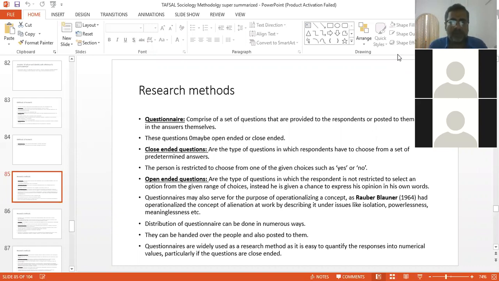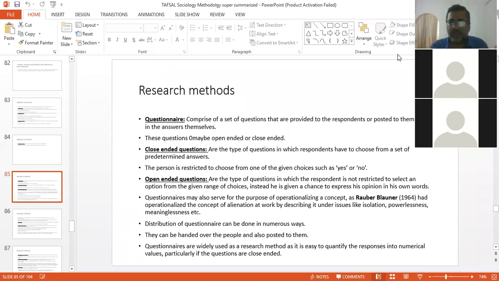Closed-ended questions are those in which a set of predetermined answers are provided, and the respondent has to choose from those preset answers. In open-ended questionnaires, the respondent's choice is not restricted to some predetermined answers.